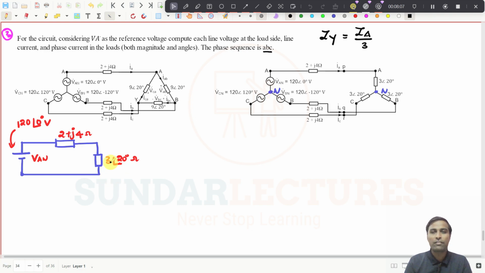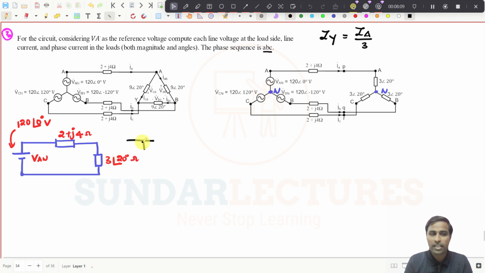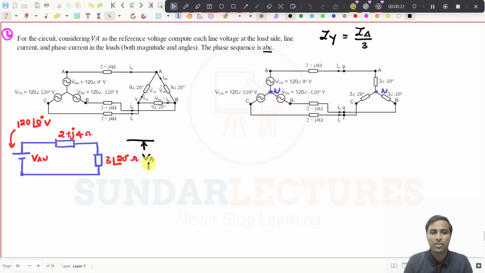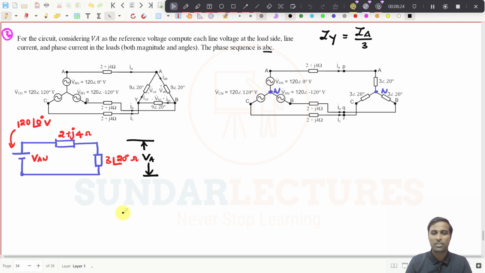Now what I have to do is find the load side VAN. This is the generation side, and I will put a different name, VA, for the load side, so you can easily discriminate between them: generation side is VAN, load side is VA. Then what is the value of VA? Very simple, use the voltage division rule.